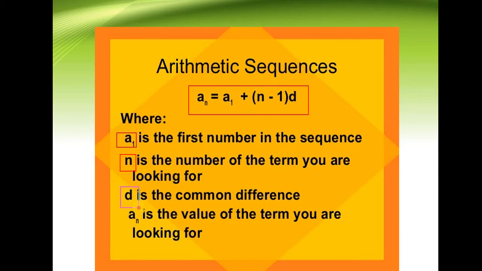This d represents the common difference, the number which we add to a term to get the next one. What is this an? This an represents the nth term of the sequence. So we have to remember this formula, where a1 stands for the first term, an stands for the nth term, d stands for common difference, and n stands for the number of terms.